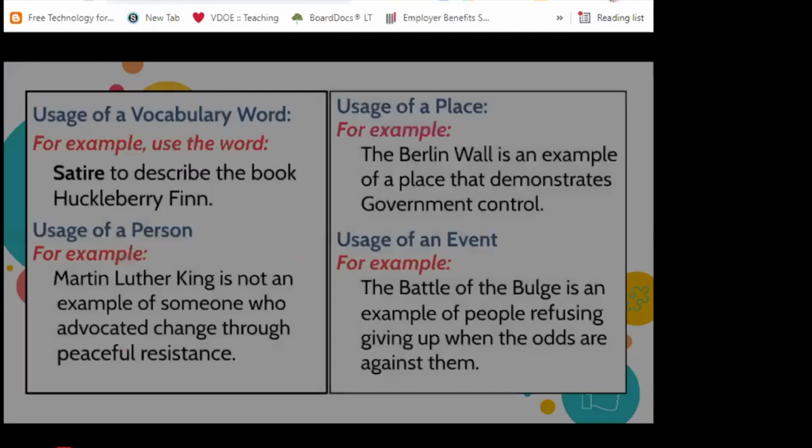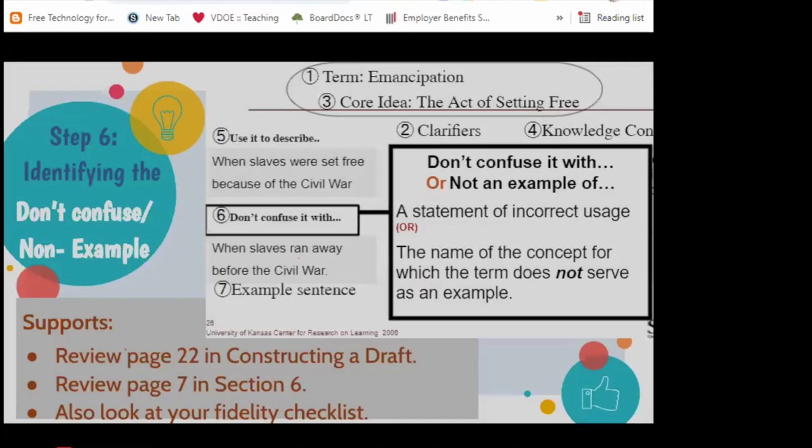All right, and so our last part that we need to do is our non-examples and our sentence. Just to review, our non-examples are going to be things like, here you can see, it's the opposite: the slaves ran away before the Civil War. You have all of this information in your own presentation.